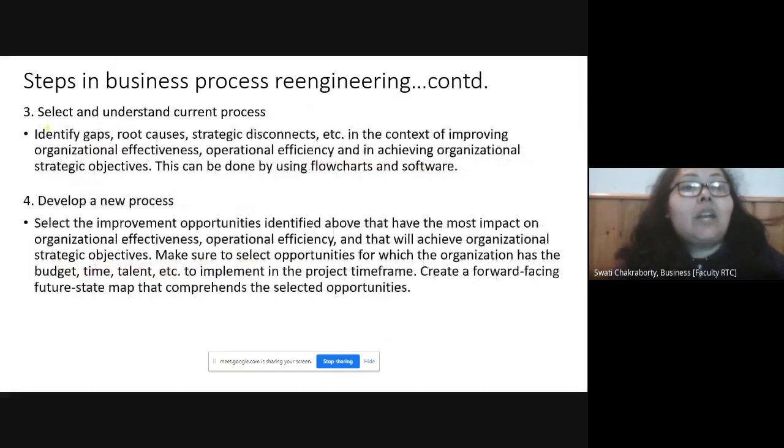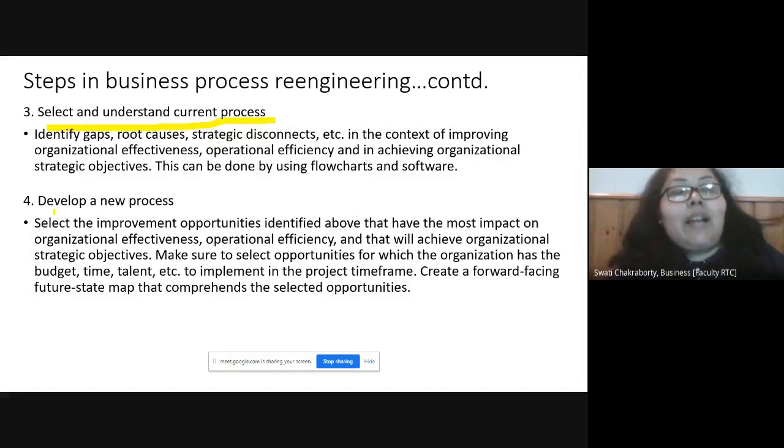Third comes up is where you need to select and understand the current process so that you can find out what are the loopholes and come up with a better process. So you need to understand the existing process, what is going wrong in that, what are the areas where you can improve.